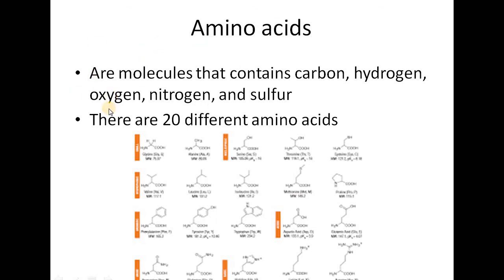We have 20 different amino acids in our bodies. Some of them are made inside your body, and some are taken from protein sources in food. They contain carbon, hydrogen, oxygen, nitrogen, and sulfur.